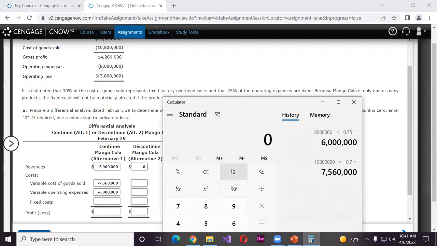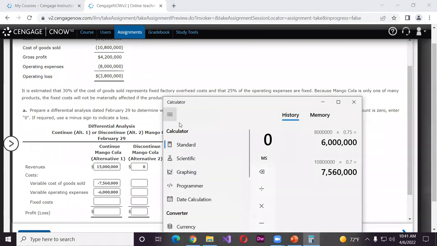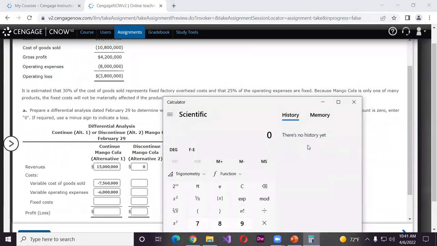So I'm going to do that by saying 10,800,000 times 0.3 plus 8 million times, what was it, 0.25.